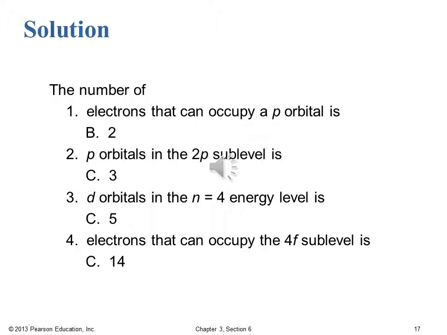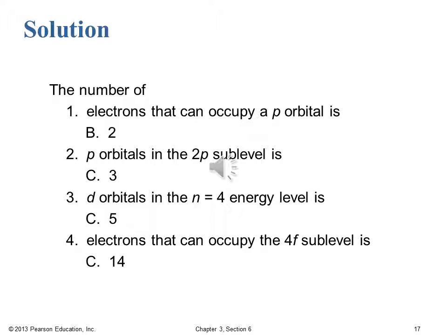So a spin up and a spin down. It doesn't matter if I ask you about an s, a p, a d, or an f orbital. If I'm asking how many can occupy an orbital, no matter what orbital type it is, only 2 electrons can occupy an orbital.